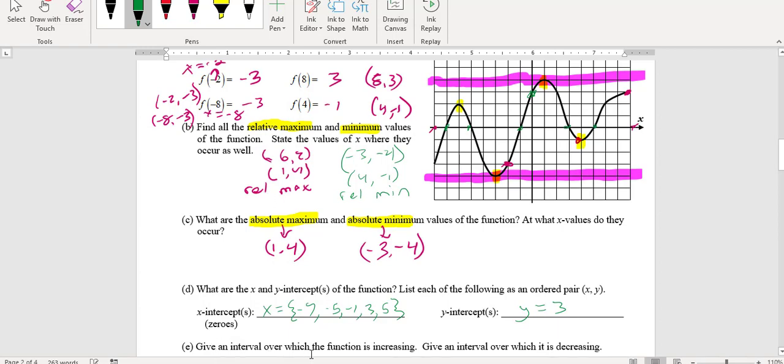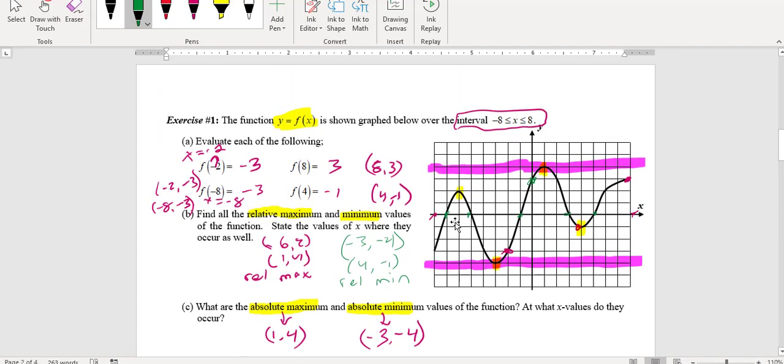Give an interval over which the function is increasing. So we go back to this idea of what an interval actually looks like. When I first started reading this graph, what is this graph doing as we read left to right? Increases, decreases, increases, decreases, increases again.